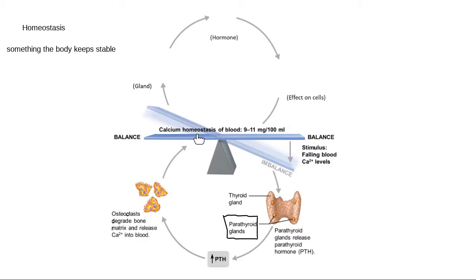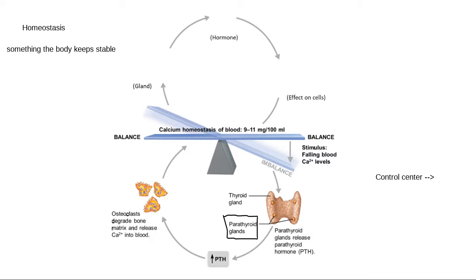So Nicole asked a great question. She asked if the parathyroid gland is the control center of this homeostasis loop. Remind me in the chat, what's the job of the control center in a homeostasis loop? What do control centers do? What's their job?